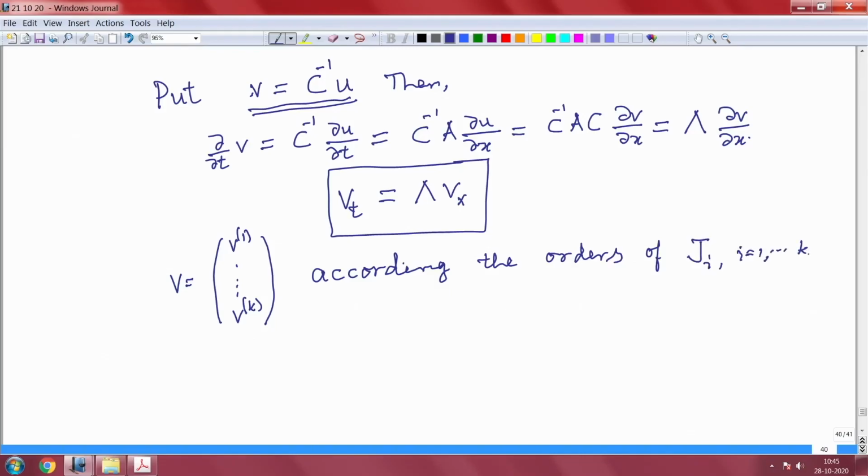So, for example, if J 1 is 2 by 2, then this V 1 will have 2 components.